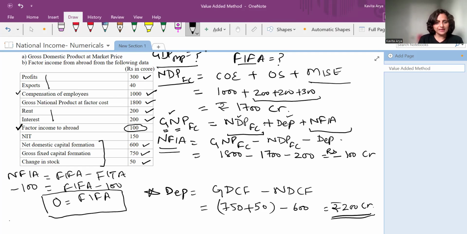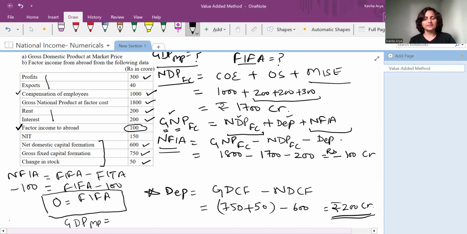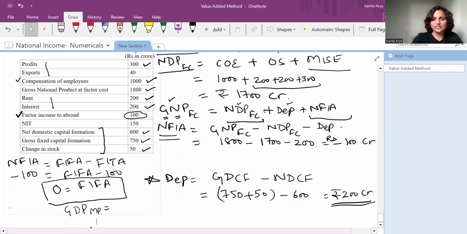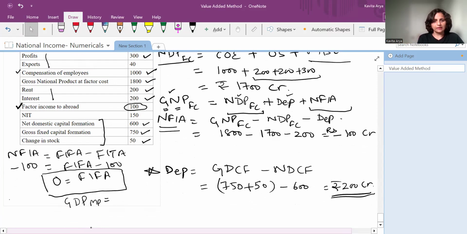And the last step now is I need GDP at MP. We can have it from any of the variables. We have NDPFC, GNPFC, values are given, and the other components which help us find the data are also given.